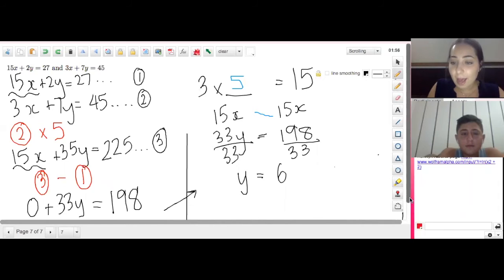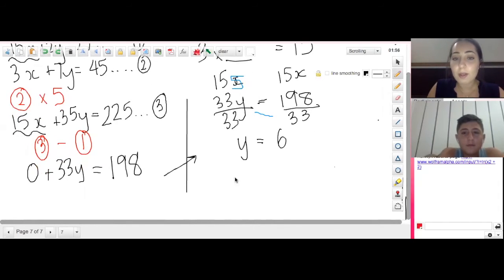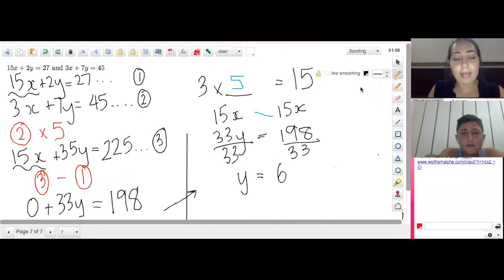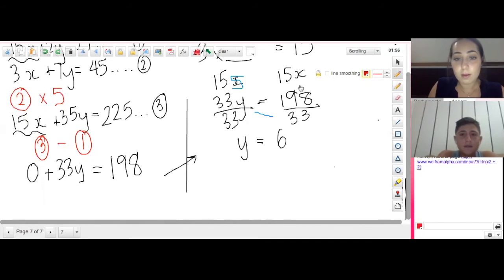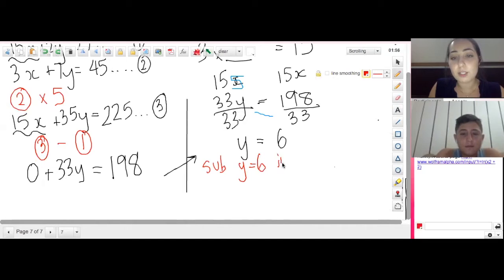Now that we have the value of y, we can use this to find the value of x. So I'm going to substitute this value of y into equation 2 because equation 2 hasn't been used yet. So we sub y equals 6 into 2, and that's going to enable us to find the value of x.